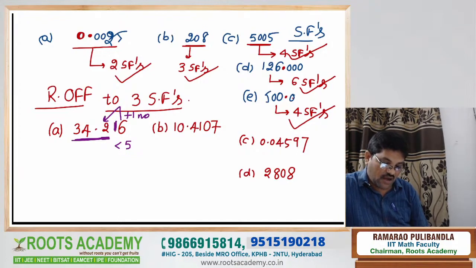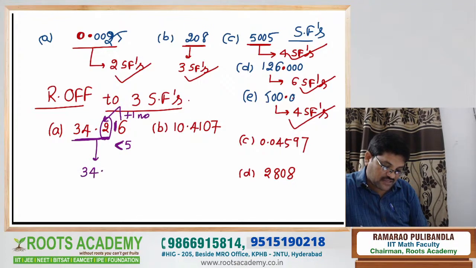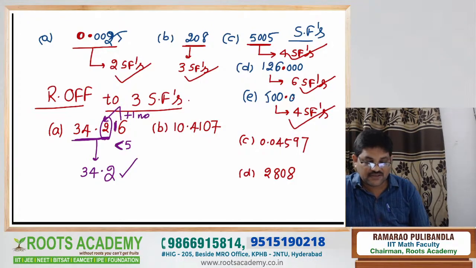Repeat once again: after the 2, 1 is there, and 1 is less than 5, so no adding of plus 1. Rounding off to 3 significant figures, the reported answer is 34.2.